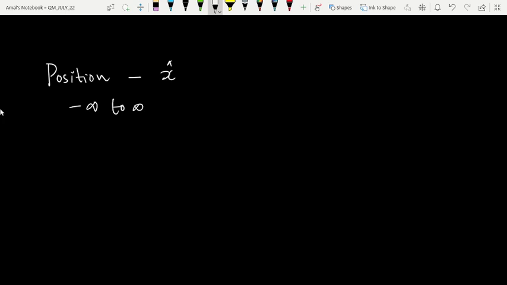Continuous in the sense that, consider an example of a particle in one dimension, and if I take a range 1 to 2, the particle can be anywhere in between 1 and 2, and there are infinitely many points between 1 and 2. It is uncountably infinite.